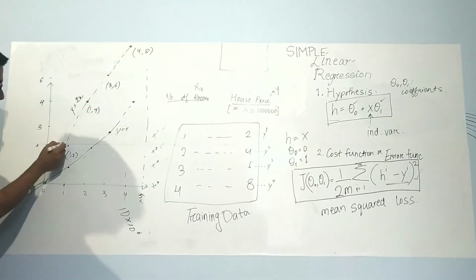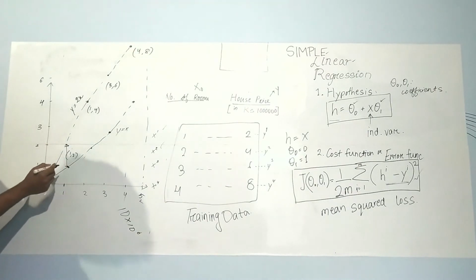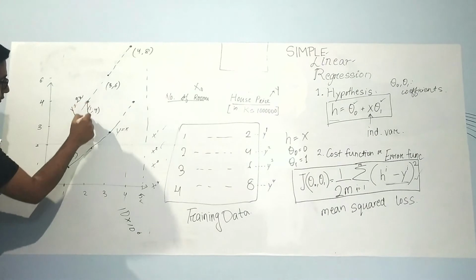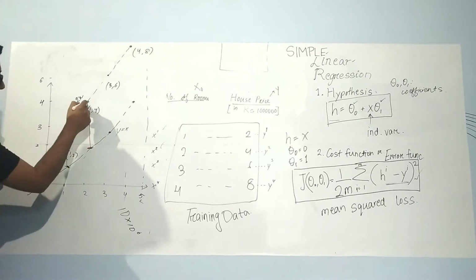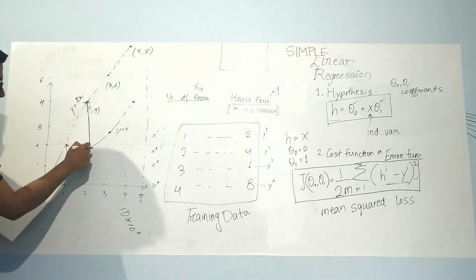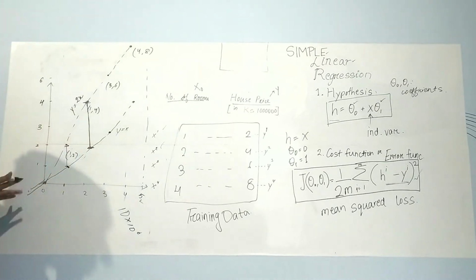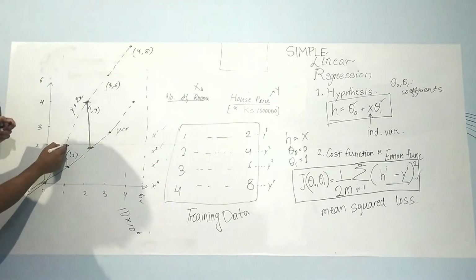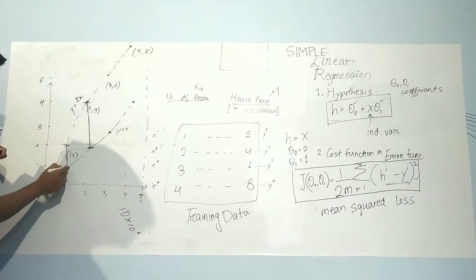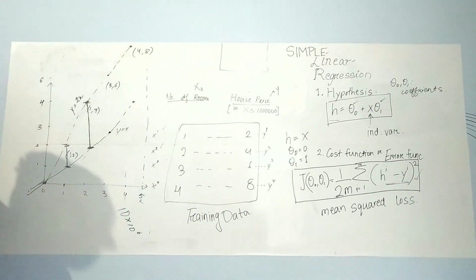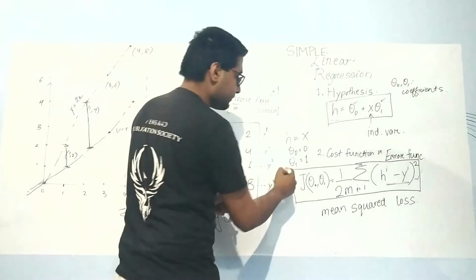So in order to calculate the error from this point to this point, or from this point to this point, for a linear 2D graph like this, we are taking the Euclidean distance. And that is why we have an error function like this.